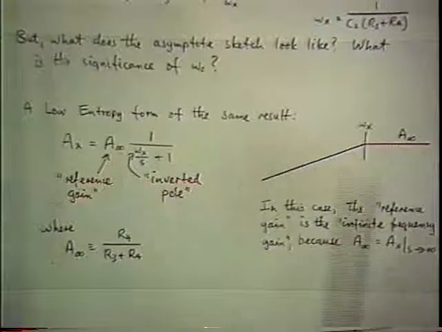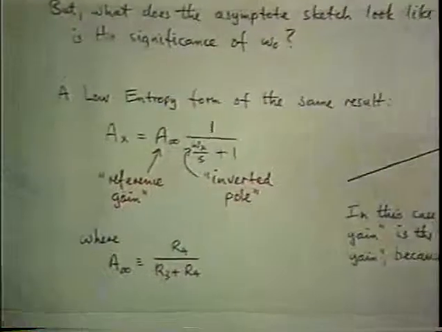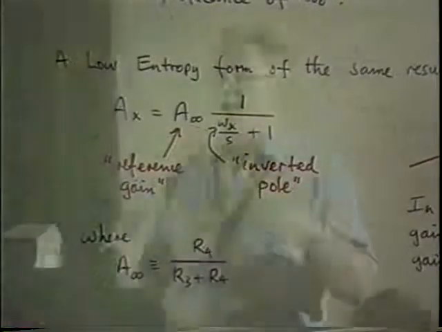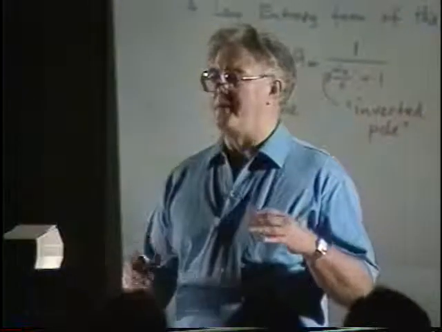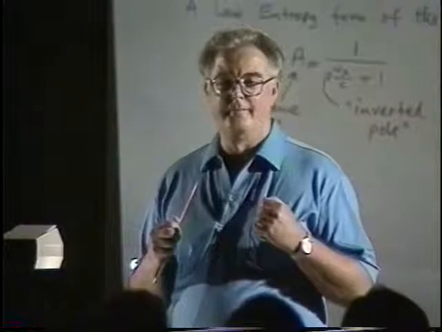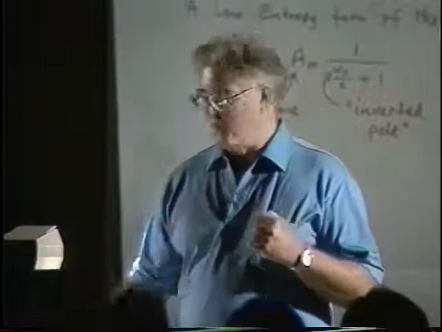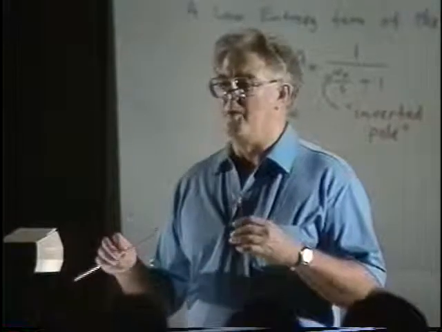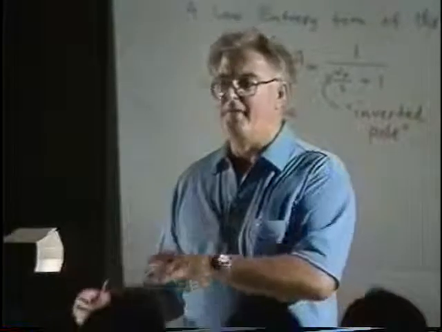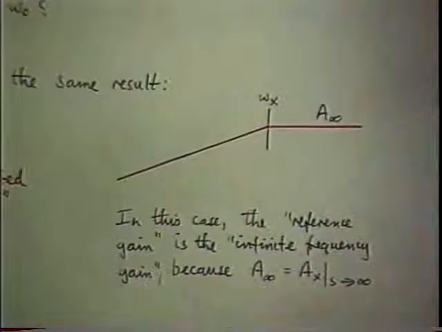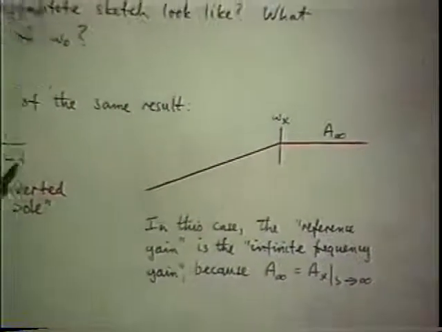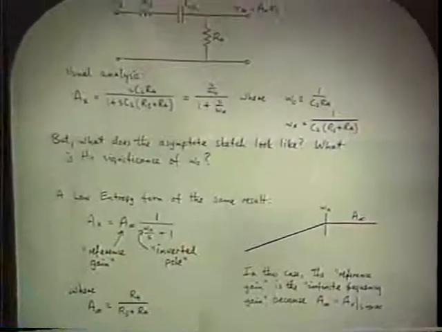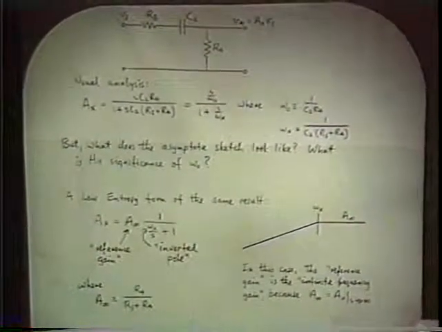And that works because the horizontal axis is a logarithmic scale of frequency. The basic property of logarithms is log 1 over x equals minus log x. So making a horizontal reversal of the picture is equivalent to inverting the variable, in this case the frequency. So if you simply take the normal single pole function and you turn the S term upside down, the result is a horizontal reversal of the picture.